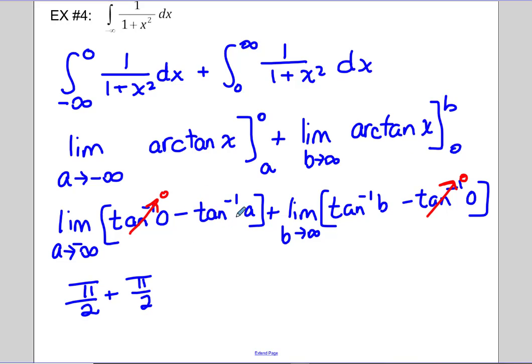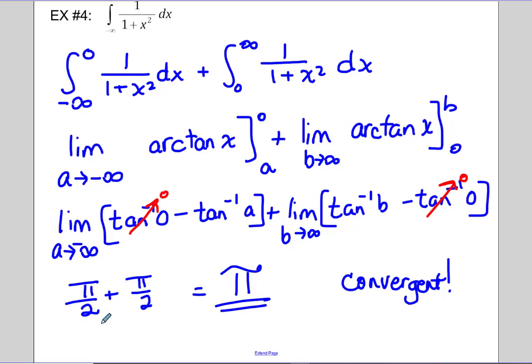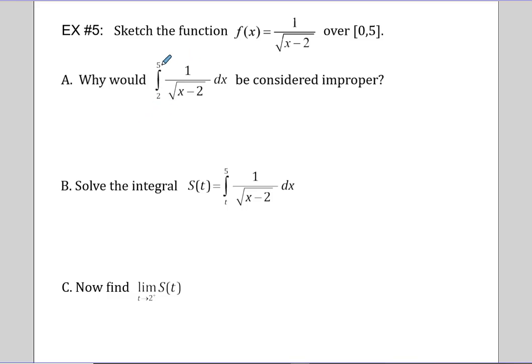The angle for tan inverse is going to approach pi over 2 in both cases. So we have a convergent limit here. This improper integral converges. It's bounded. We've got an area.